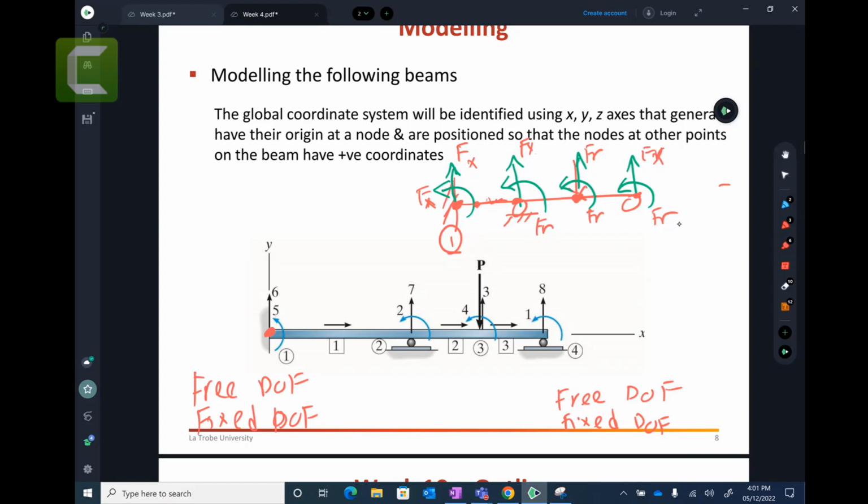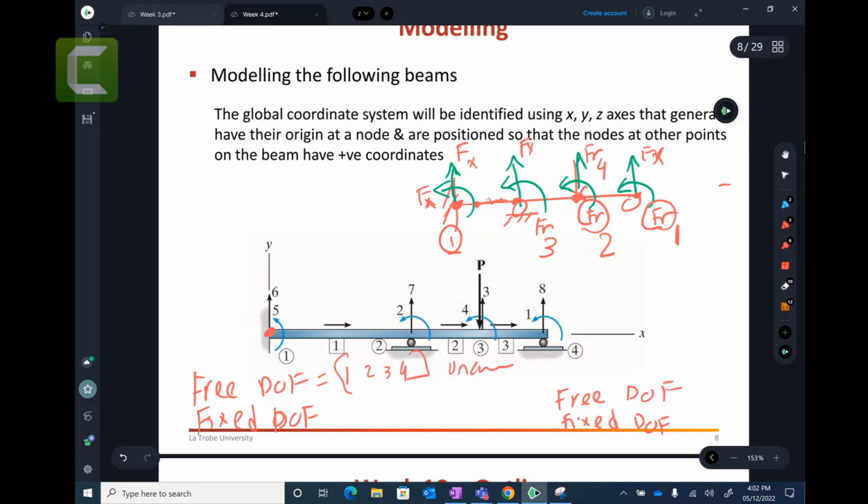So when you have free degrees of freedom, that is your starting point: 1, another free degree of freedom, let's say 2, let's say 3, let's say 4. So there are 4 free degrees of freedom, 1, 2, 3, 4, and these are your unknown degrees of freedom as well.